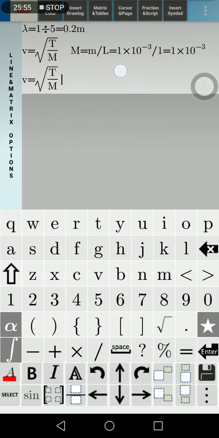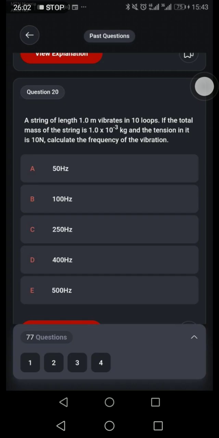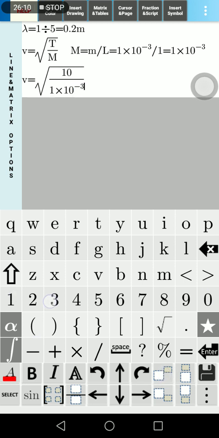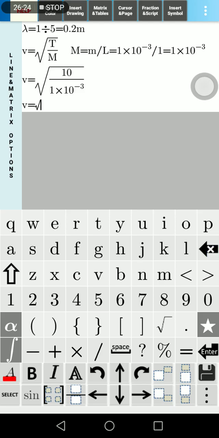They give us the tension as 10 newtons. So that's 10 over 1 times 10 to the power of minus 3. Carry the 10 to the power of minus 3 up, so you have 10 as a numerator times 10 to the power of 3, which gives us 10 to the power of 4.